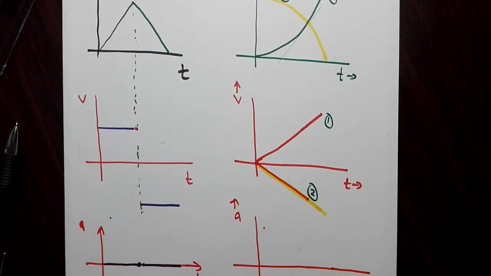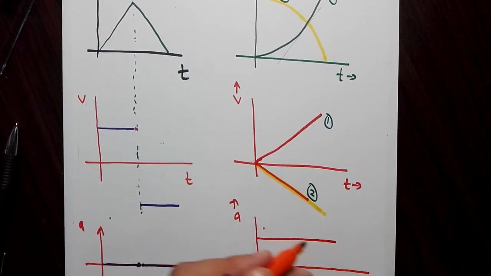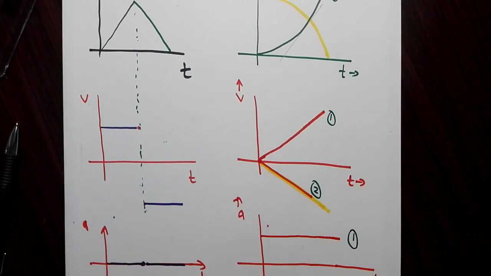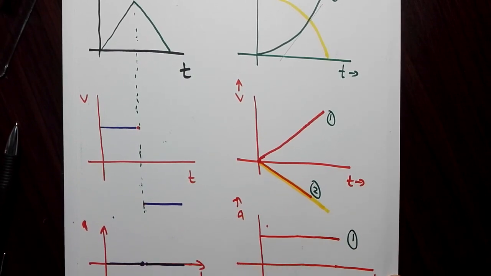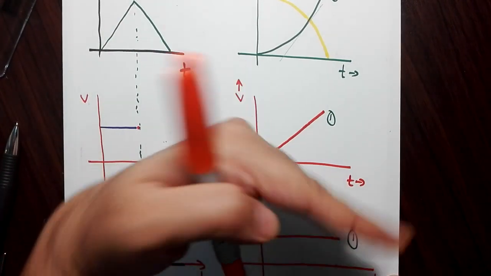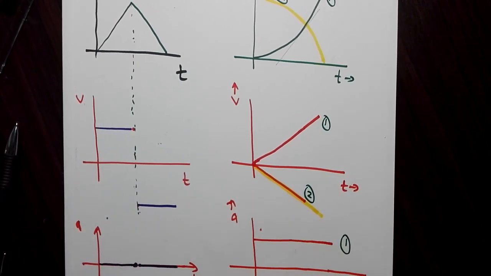So for 1 it's going to be constant positive acceleration. This is your graph 1's acceleration. And for this guy, you can see that it's a negative slope. It's constant positive slope, or constant negative slope. You get this for graph 2.